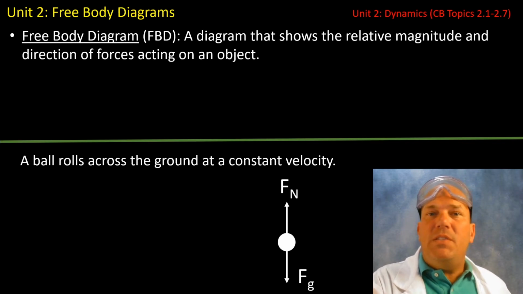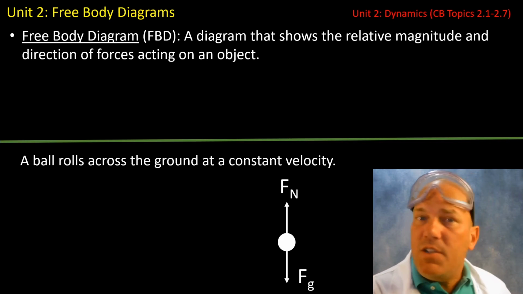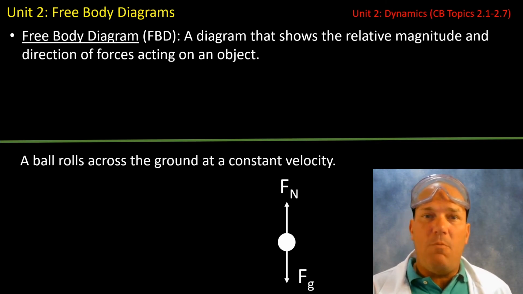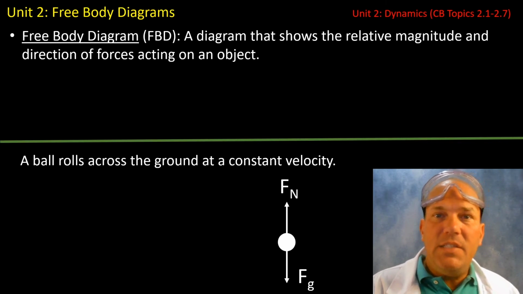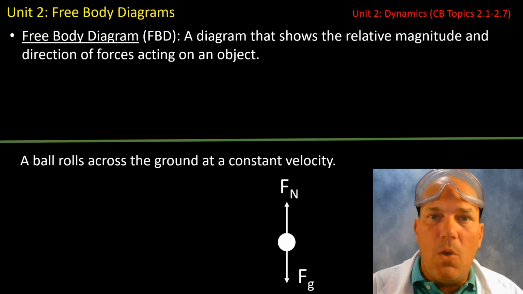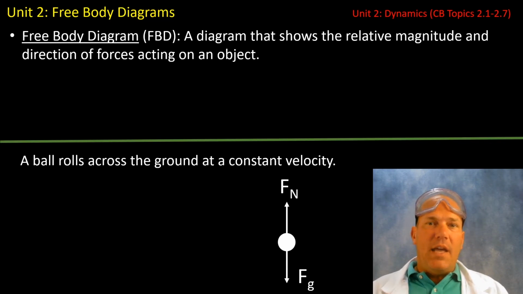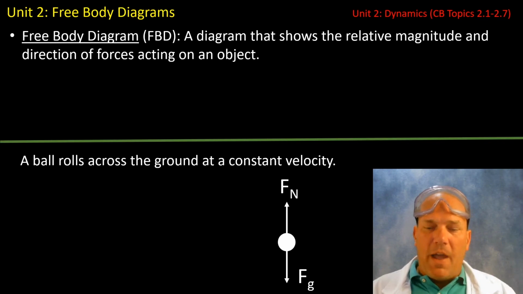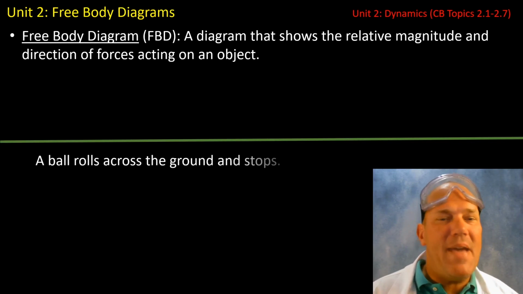True, something must have caused that change in its state of motion initially, but we're not worried about that whatsoever now. We just know that if it has a constant velocity, that means it's not accelerating. There's no net external force in the x direction, which means the only two forces acting on this object would be force normal and force of gravity, which are opposite in direction and equal in magnitude.